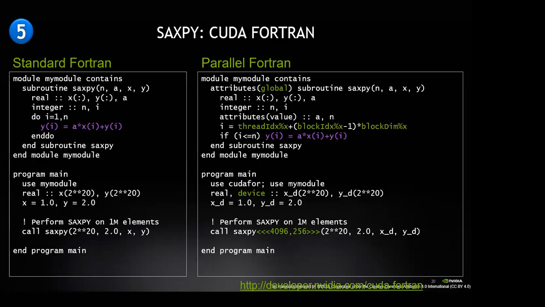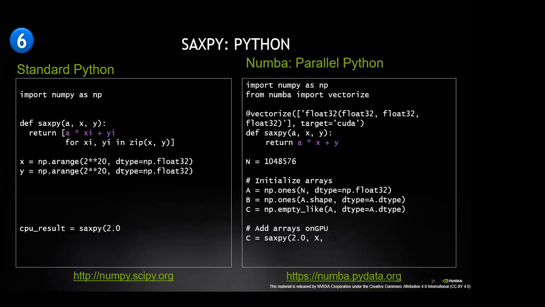The same in Fortran, so we could also code in CUDA Fortran. I'm jumping ahead, and you could do that. You could also port code to the GPU in Python.